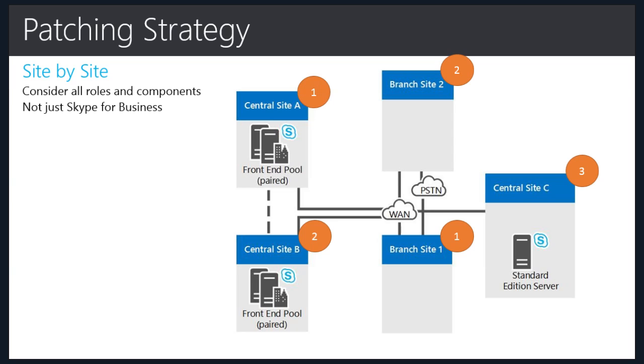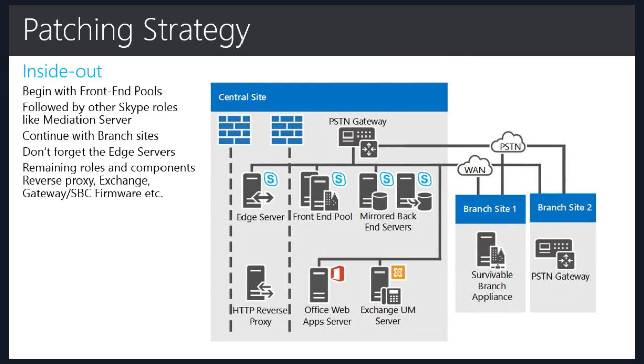Now, let's see how we would do patching within this particular site. Within this particular site, the patching strategy is what I call inside out. So we will start with the front-end pools, which is really the core of the infrastructure itself.